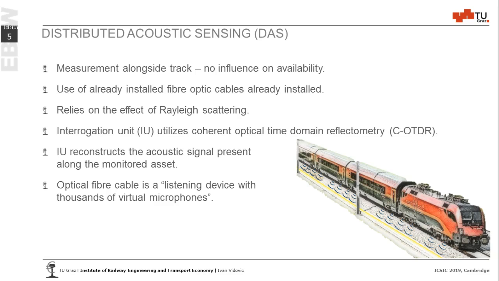And when an event takes place on the track, this backscattered light is changed, and the interrogation unit reconstructs the signal and gives you information about the event which took place on this point. So you can think of this as thousands of sensors, equidistantly distributed at 10 meters, which monitor the events taking place on the track.